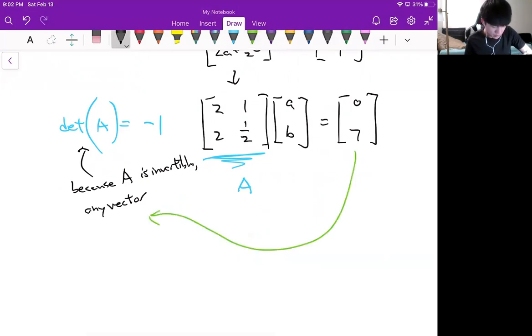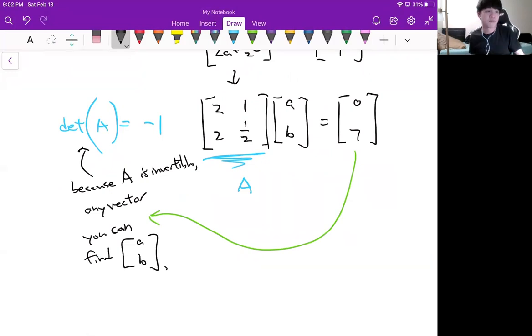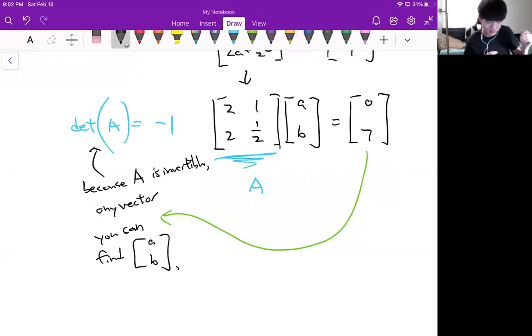No matter what you put on the right-hand side, I can always find you an a and a b such that multiplying by that matrix gives it.